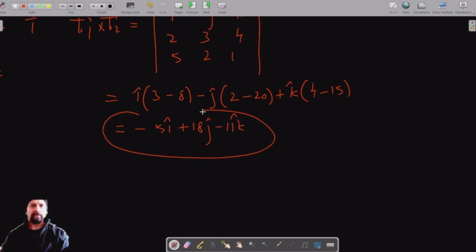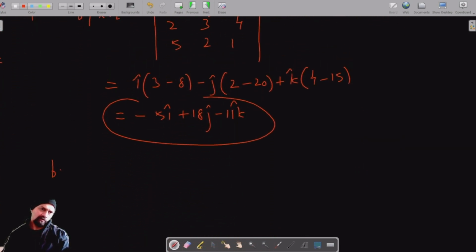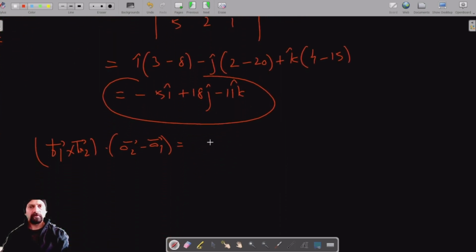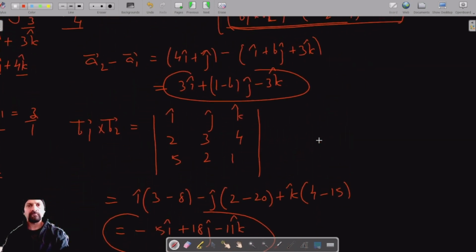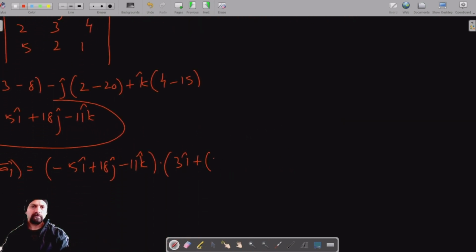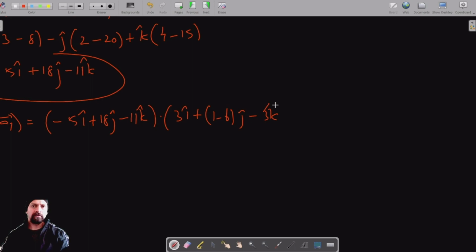Now this is b1 cross b2, and this is a2 minus a1. We have to find their dot product: minus 5i cap plus 18j cap minus 11k cap, dot 3i cap plus (1 minus b) j cap minus 3k cap.